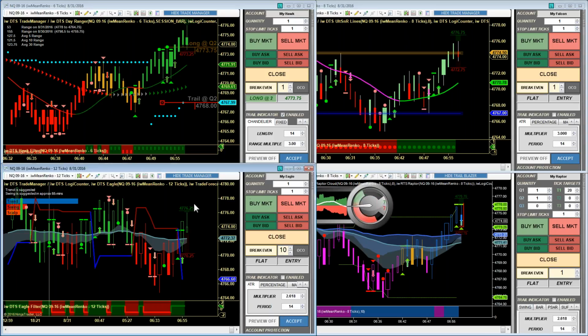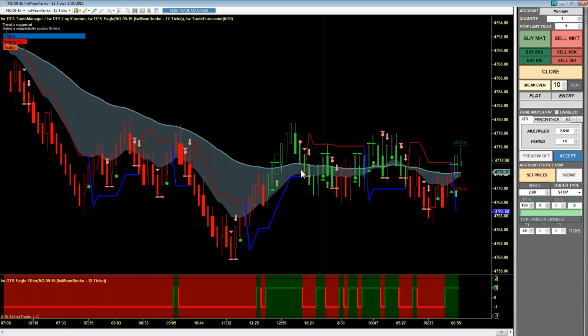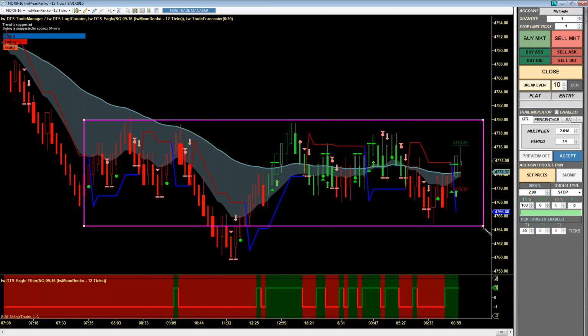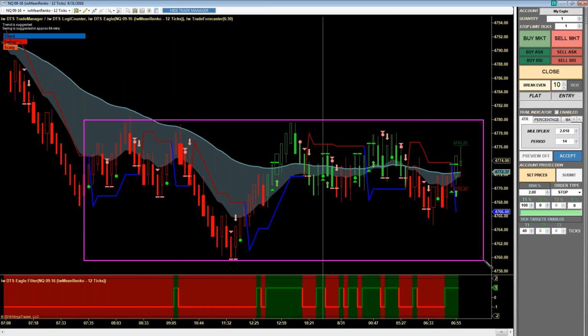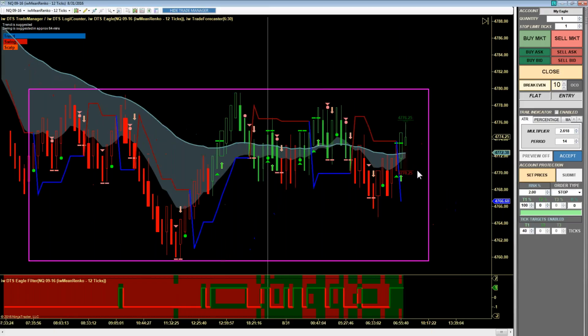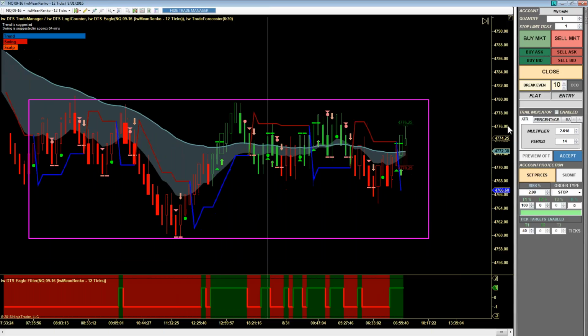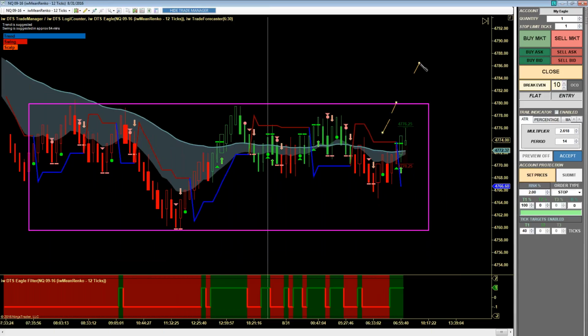No real signal here in the Eagle Trend Trader just yet. Very, very sideways looking market. When we have a market which is sideways, what we try to do is we allow the market to get outside this trading range, prove to us it can stay out, and then look for the corresponding buy or sell signals.